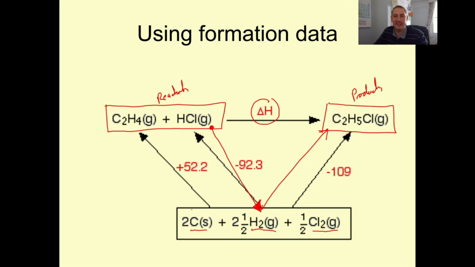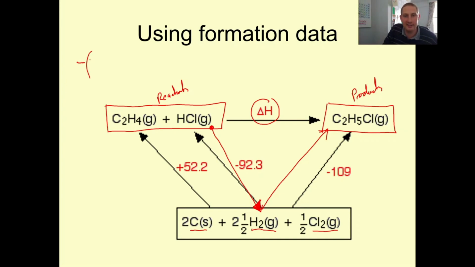So what this is saying is making the reactants from our standard kits would take 52.2 plus minus 92.3 kilojoules of energy. But we are not doing that. We are taking the reactants and we're disassembling them and putting our standard kits back together. We're taking our Lego blocks apart and putting them back in the box. So we start by going against these arrows.